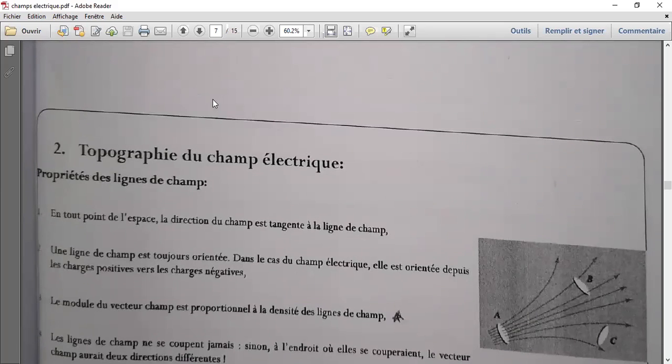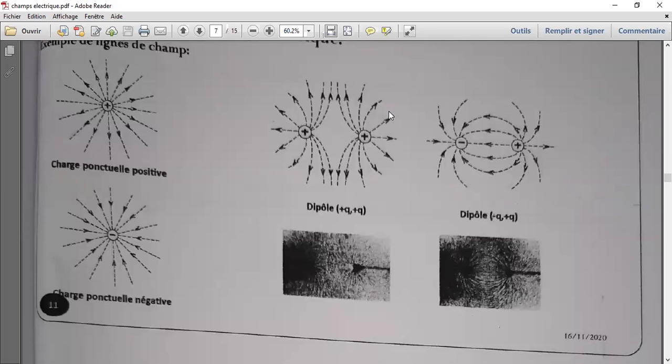I gave an example of this one. So what they mean is that in all space where you have two charged particles, if for example it's positive, where you draw a tangent, that tangent is the same as the champ électrostatique. It's the one which defines the champ électrostatique.